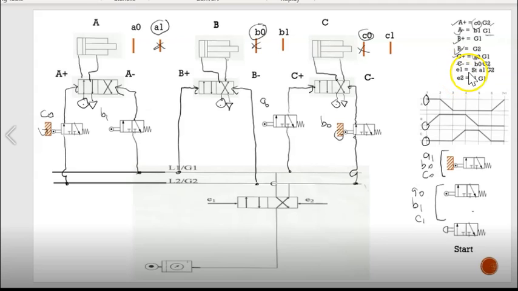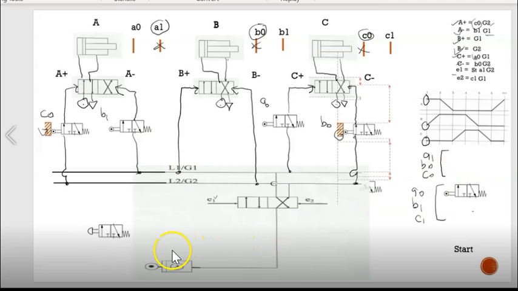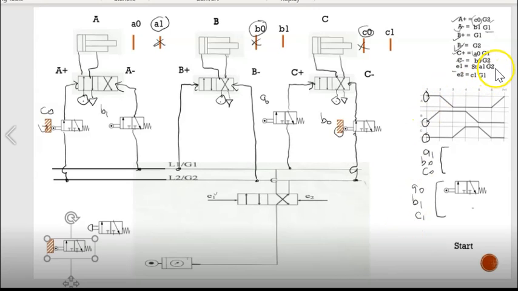And then we're going to look at E1 and E2. So E1, we have the ST, start button, A1 and G2. So we're going to take the ST, put it here, and A1 is this one, the one with the contact. Put it here, going to G2. So we start from this side.